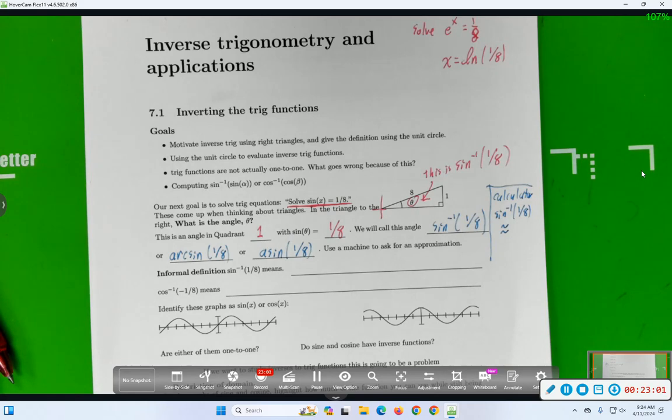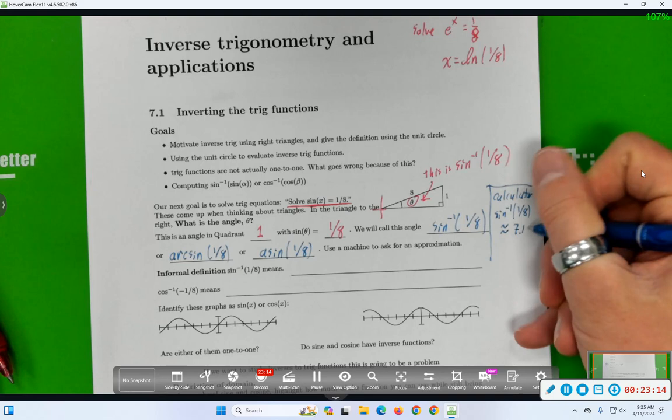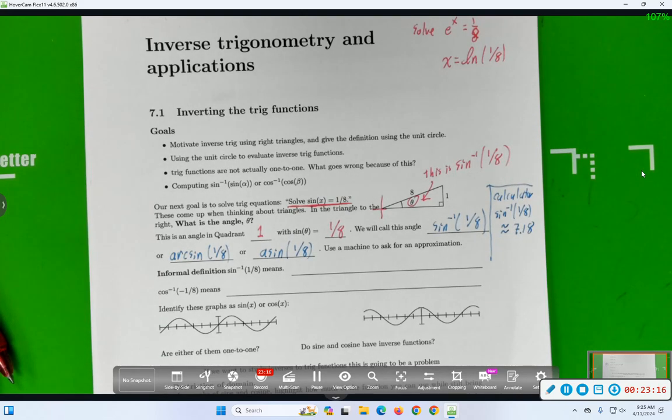Use it. Tell me, what is the inverse sine of 1 over 8 approximately? I hear a 7.18. Do I hear a different answer?